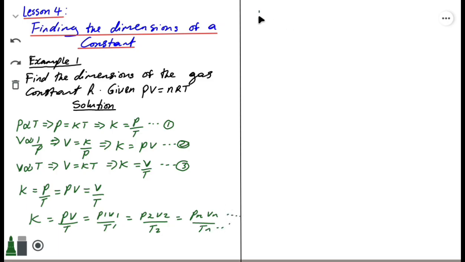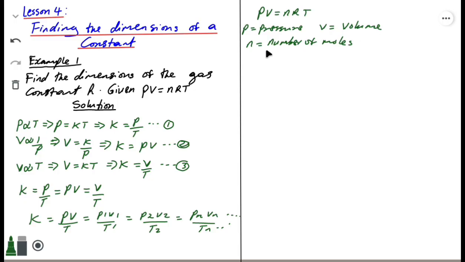Now, given that PV equals nRT, let's interpret the parameters given to us. P is regarded as pressure, and V is regarded as volume. The n given here is called the number of moles.